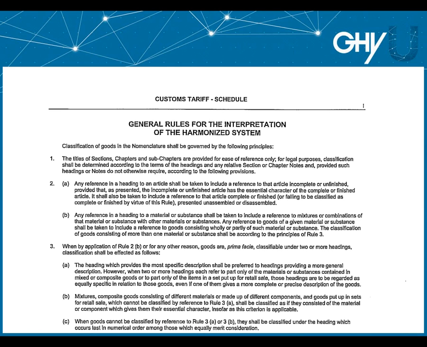It shall also be taken to include a reference to that article, complete or finished, presented unassembled or disassembled. So based on Rule 2A, your bicycle, being unassembled, cannot be classified as bicycle parts and enter Canada duty-free. It must be classified as a bicycle with a 13% non-NAFTA duty rate applicable.